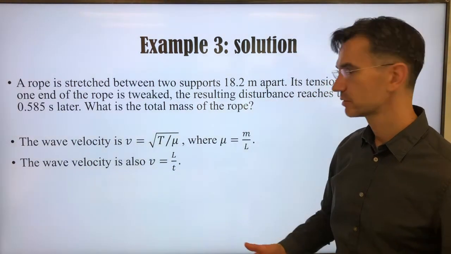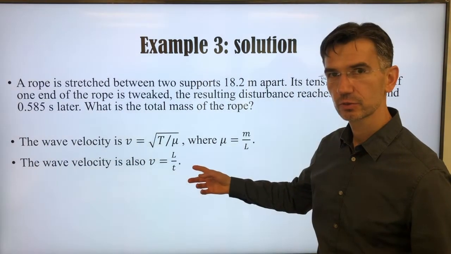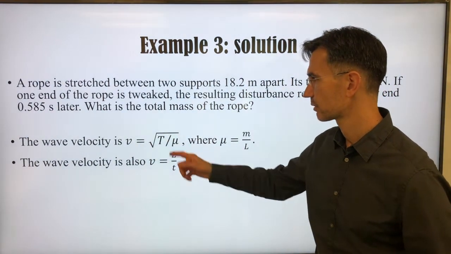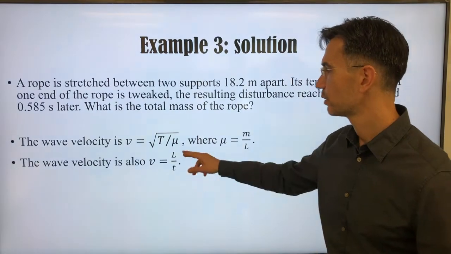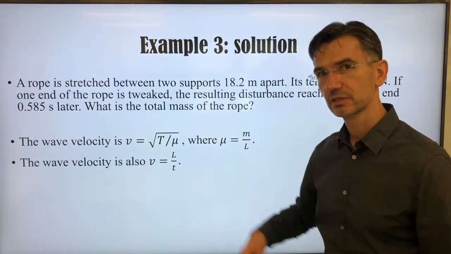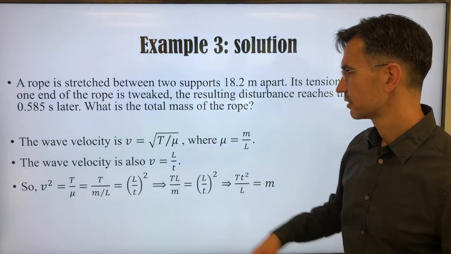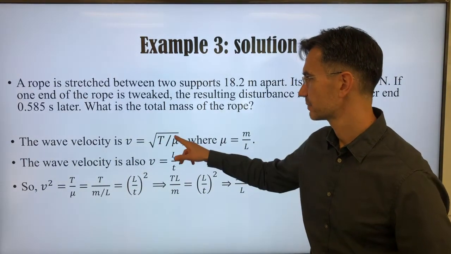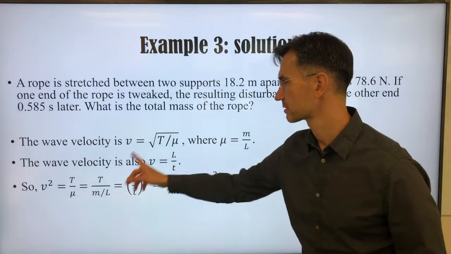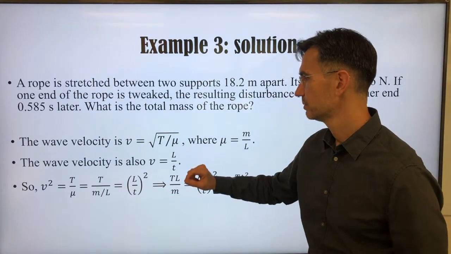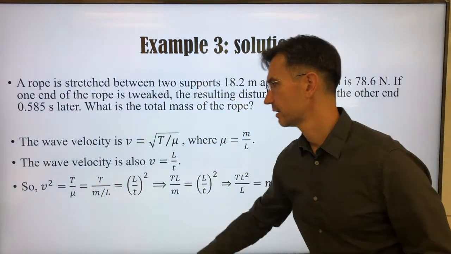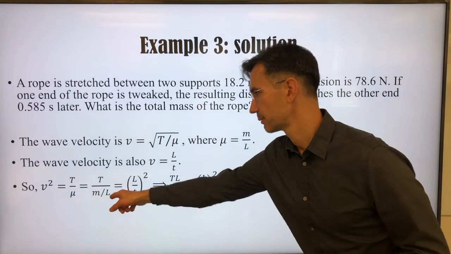So now what we have to do is equate L over small t to the square root of capital T over mu. And that's what we do here below. We just square both sides because we have a square root. So v squared is going to be T over mu. Mu itself is just M over L. So T over mu is T over (M over L).